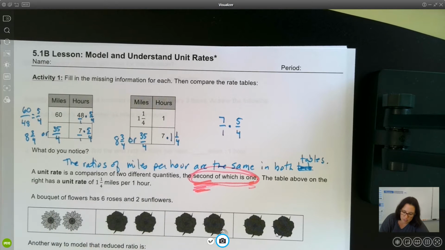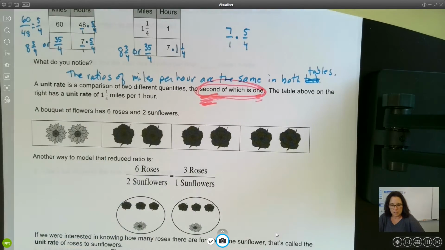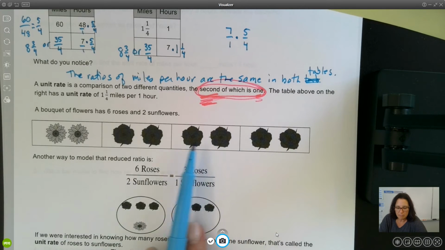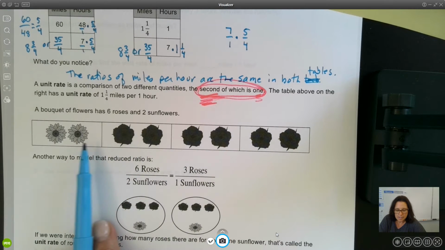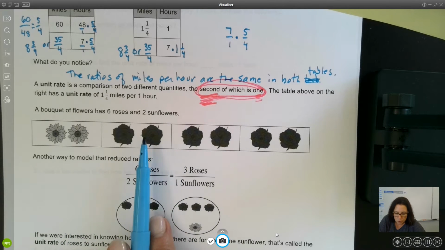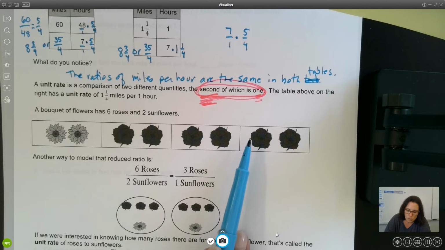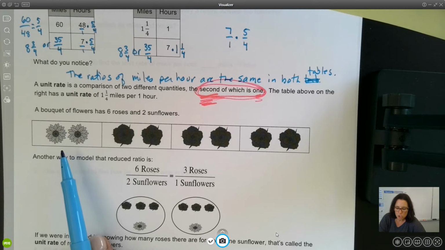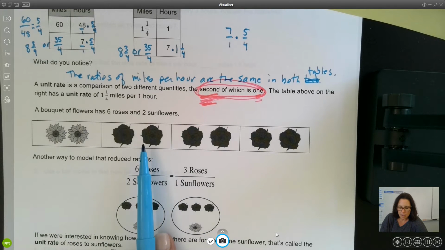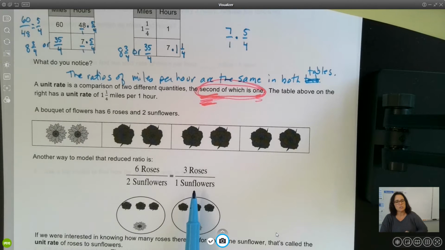All right, let's look at this flower example. A bouquet of flowers is 6 roses and 2 sunflowers. So this is coming from 5.1a. We can think of 2 sunflowers, 2 roses, 2 roses, 2 roses. So hopefully you see that we have a 6 roses to 2 sunflowers relationship, but don't we also have a 3 roses to 1 sunflower relationship?